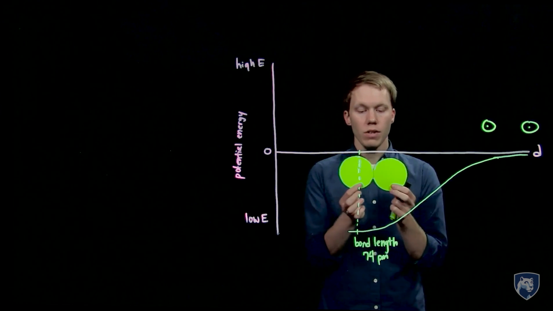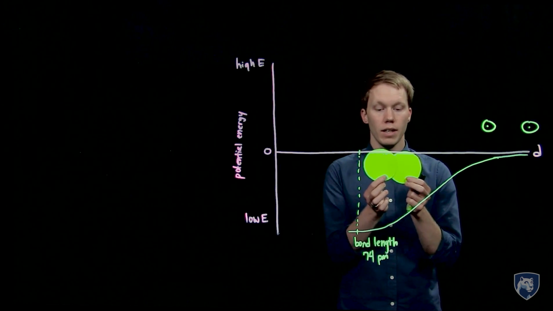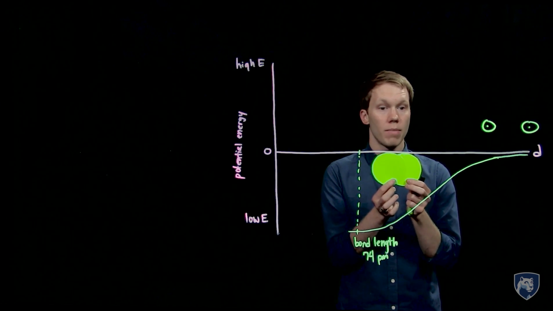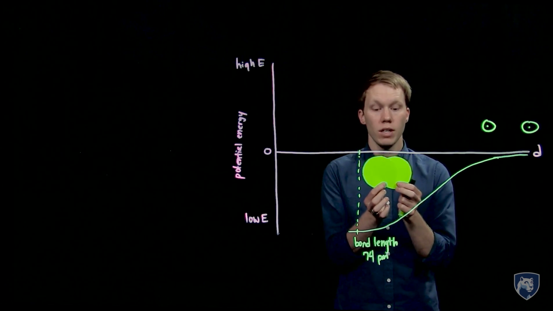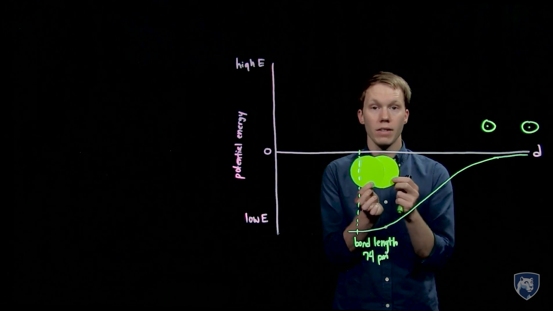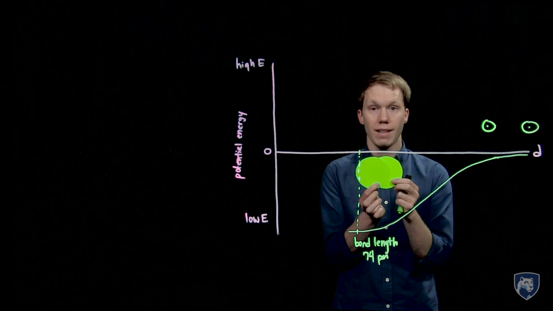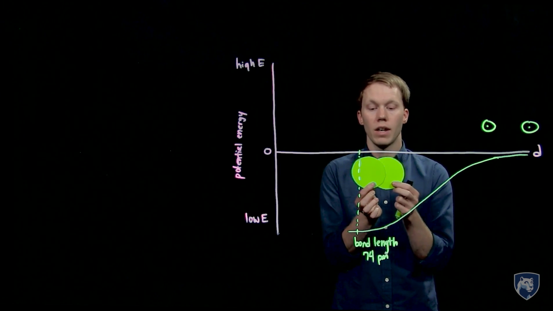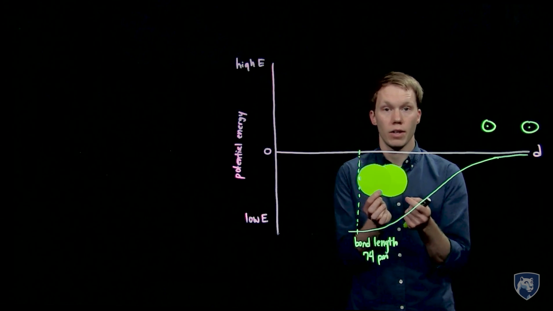But then as those nuclei get even closer together, we start to get some of those repulsive forces. I mentioned the repulsive force between the two nuclei that are positively charged, so that's a downside. And then the electrons are also going to repel one another as well.